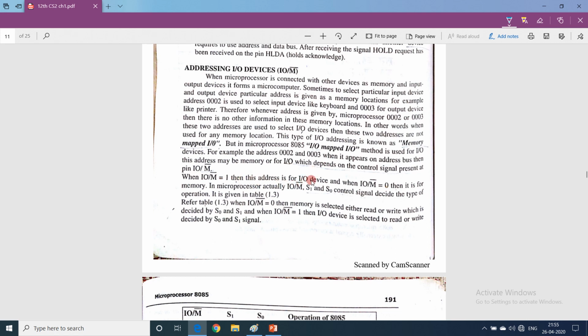In a microprocessor, the IO/M bar, S1 and S0 control signals decide the type of operation. Just now we have discussed this, so S1 and S0 are used in collaboration with IO/M bar. We have discussed this table 1.3.